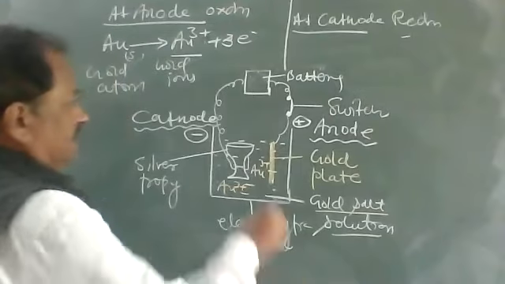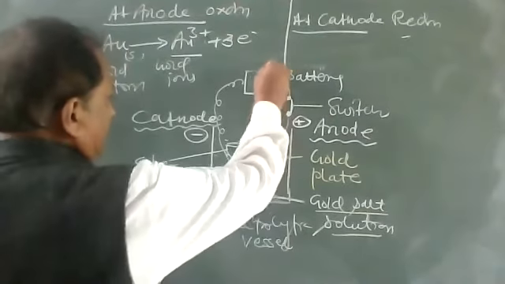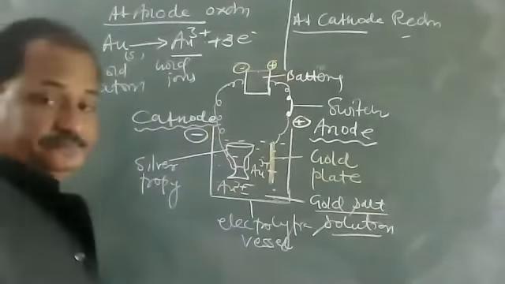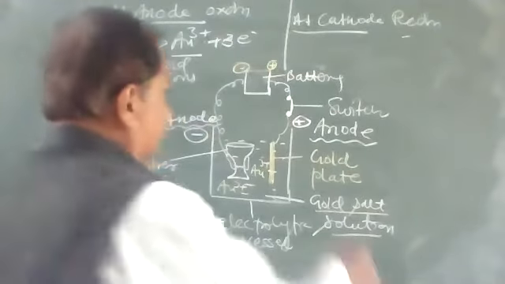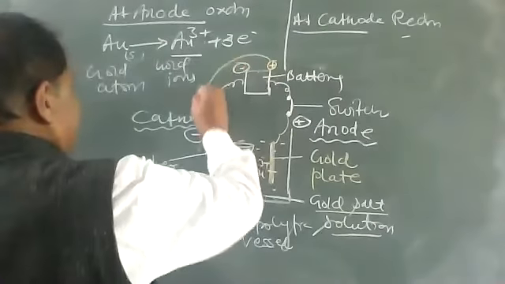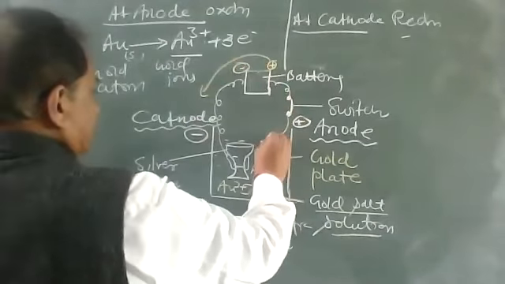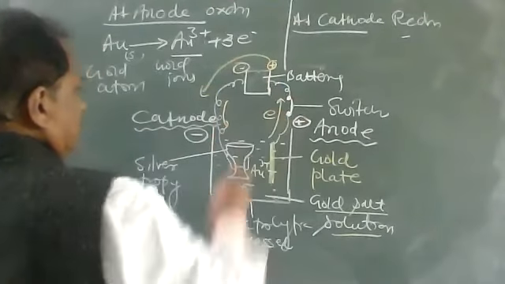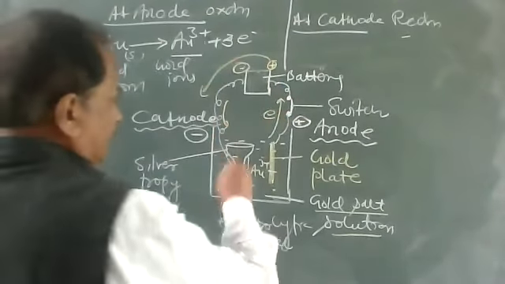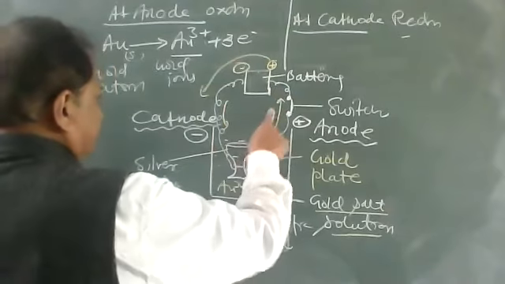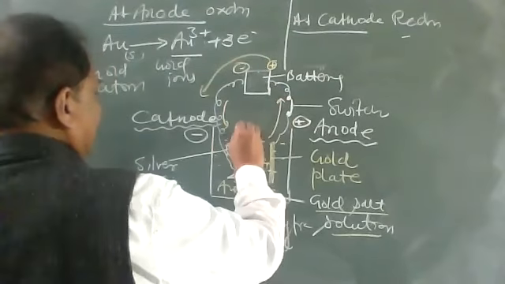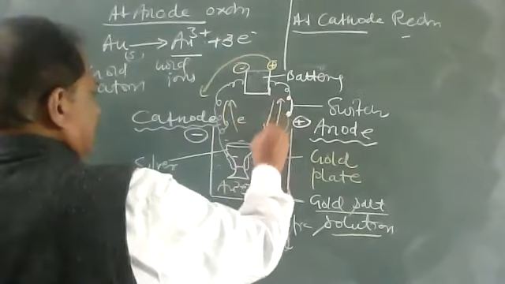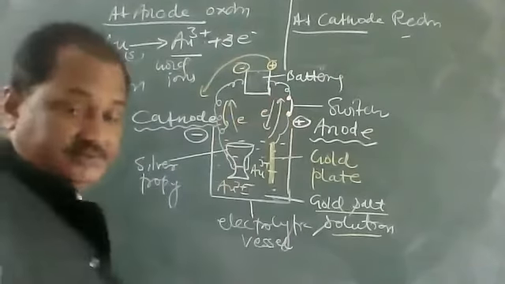This side is positive, this side is negative. Current will flow from positive to negative, so current will flow like this, and this will be the direction of flow of current, and here the electrons will flow just opposite.